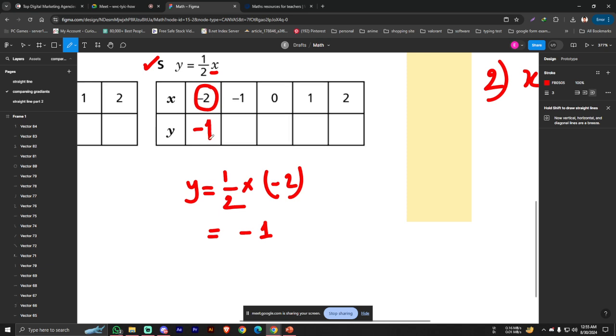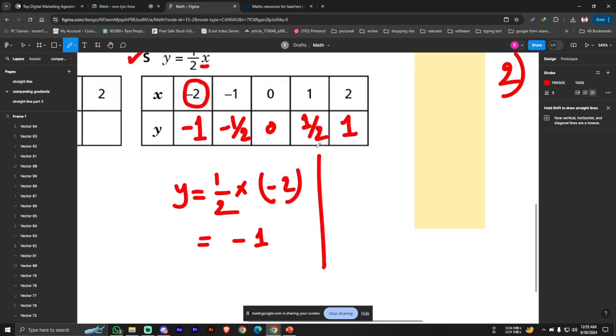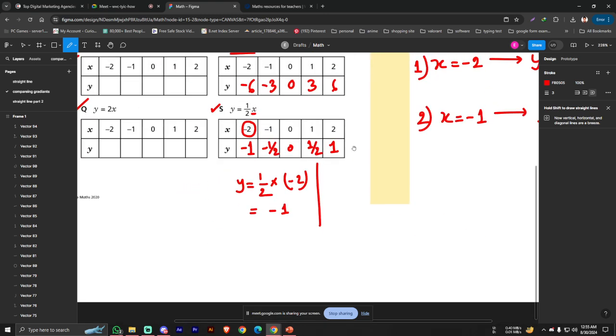Yes, -1. Okay, similar thing, if we put -1 here, we get how much? -half, right? Yes. Similar thing, 0 gives 0, 1 means half, and 2 means 1. So that's how you put the values here.